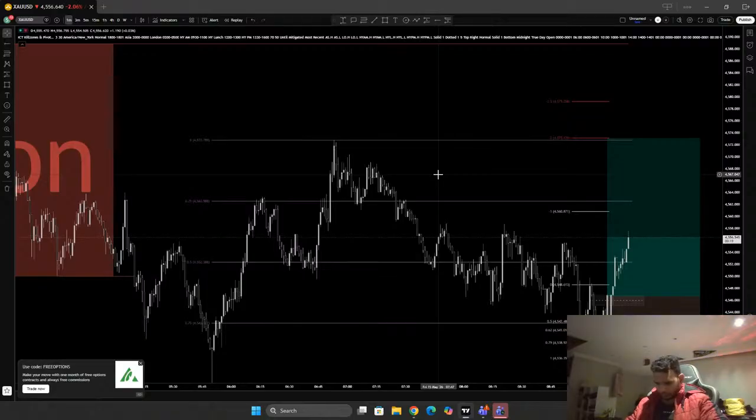One target, and another target would be this side. Why this side? This is the London high. So you would close till here. Those are the two highs I am expecting today to run.